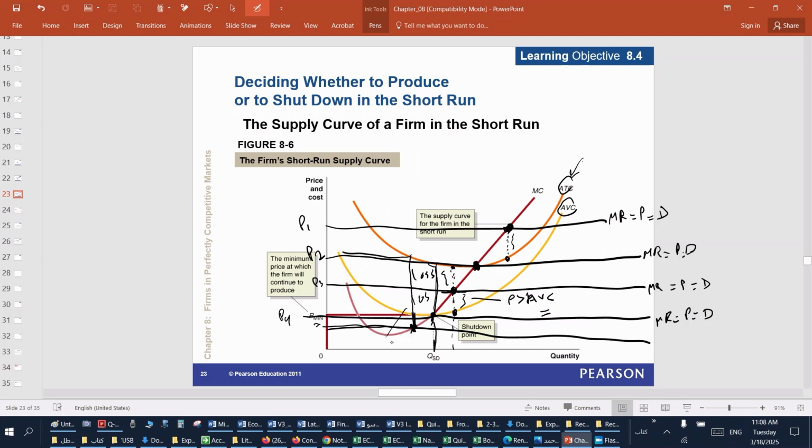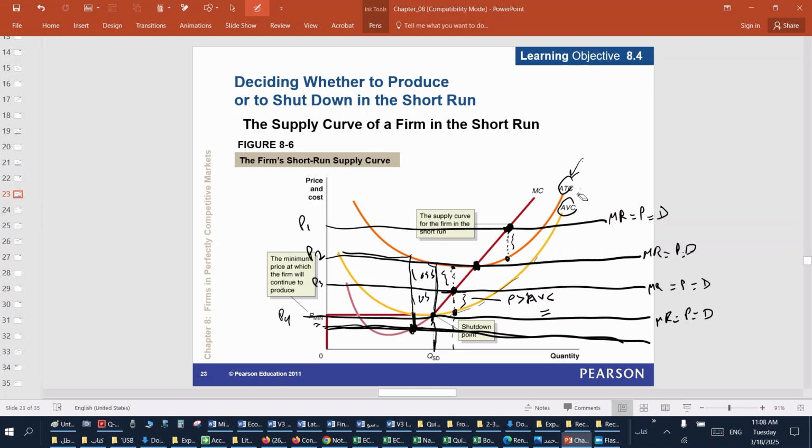Remove this again. But again, the main idea here is that this price is lower than average variable cost.